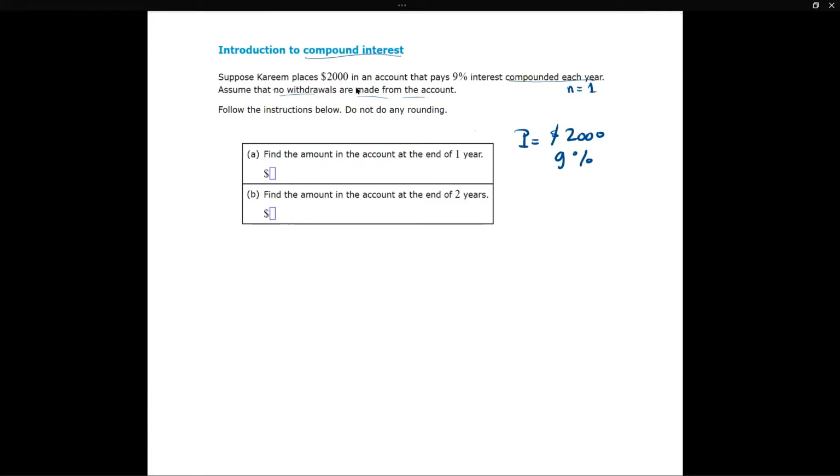Well, at 1 year, it's almost like acting as a simple interest since it's compounded yearly. If it's compounded in the middle, like semi, it's going to be affected. But since it's 1 year, that means it's like a simple way of doing it, where we're going to say this is the principal times 0.09, and what happens?